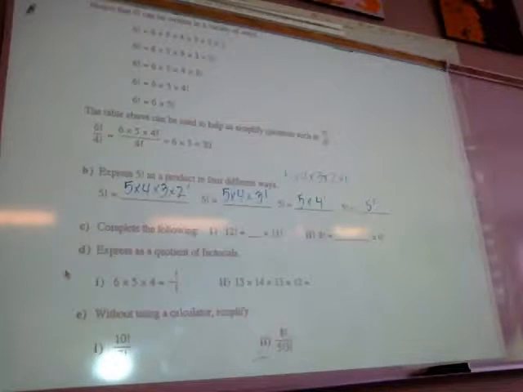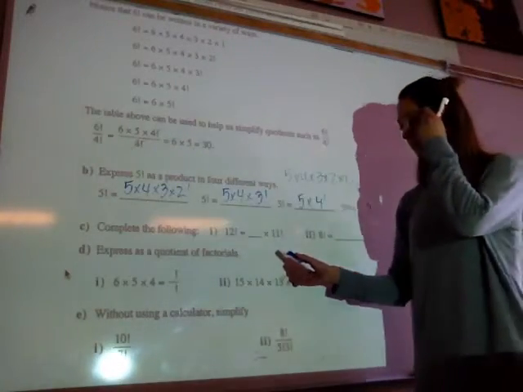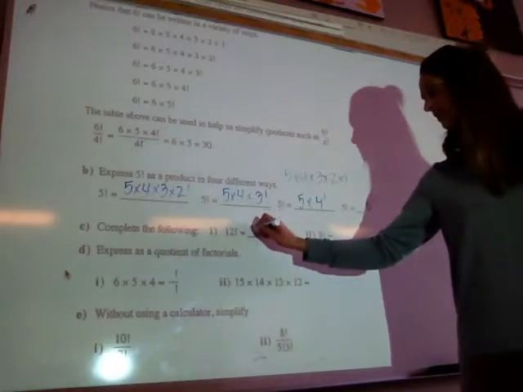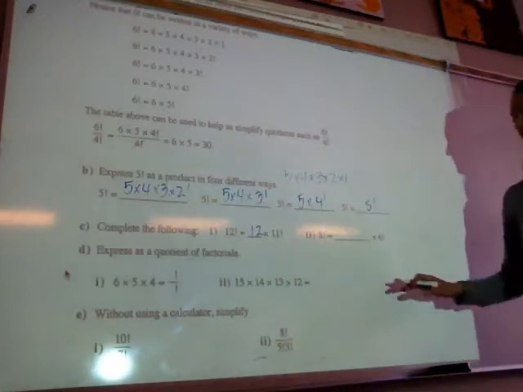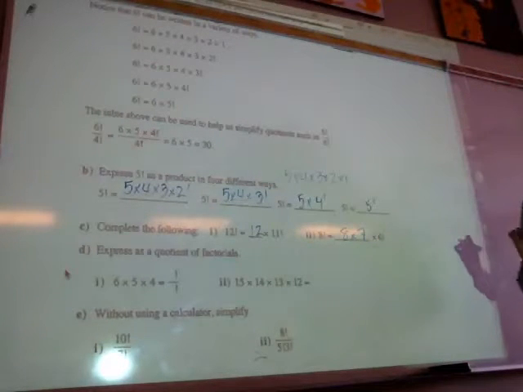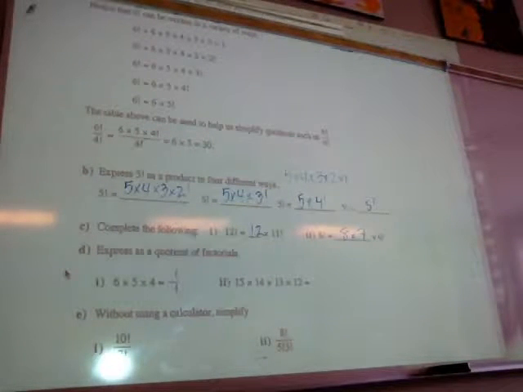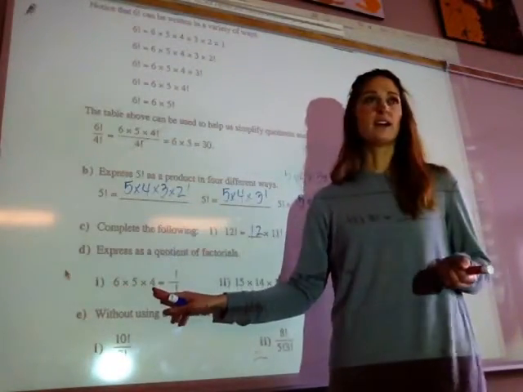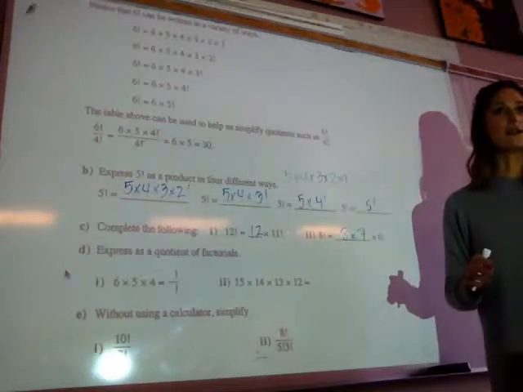So let's complete the following. 12 factorial can be rewritten as what times 11 factorial? 12, good job. Okay, 8 factorial can be rewritten as 8 times 7 times 6 factorial. 6 times 5 times 4 can be rewritten as what divided by what?